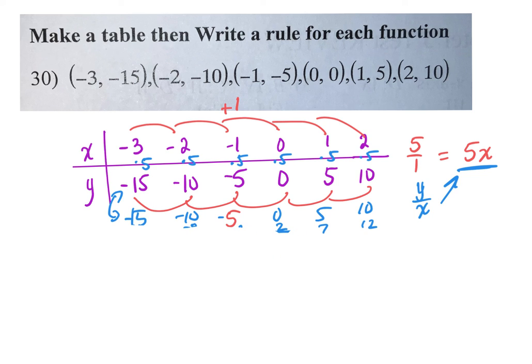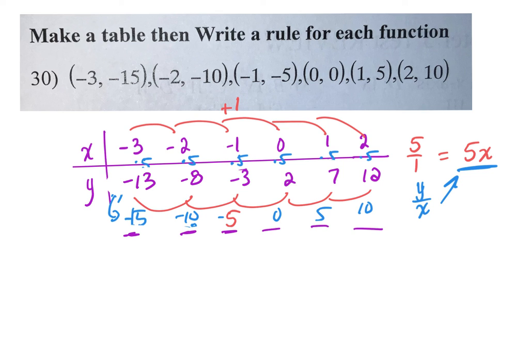So I'm going to rewrite these. So if I were to take this and say, okay, instead of that, it looks like this. Okay. So I can see my just multiplying by 5 is not working, right? So then I'm going to compare these two rows.